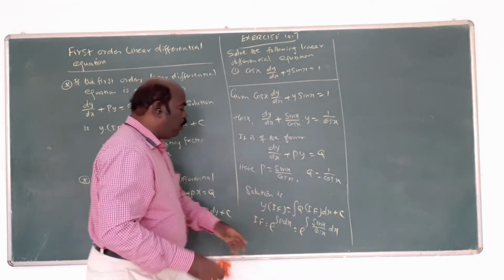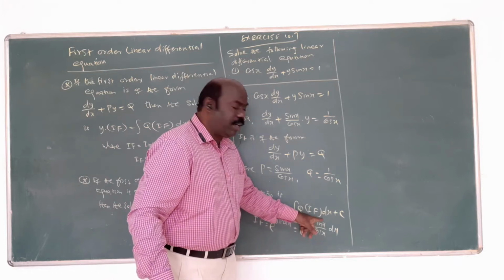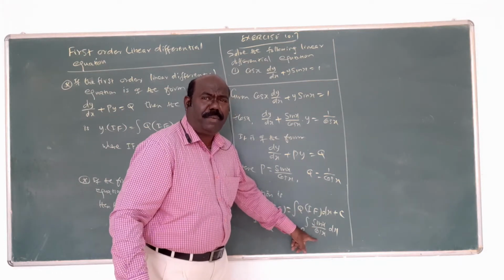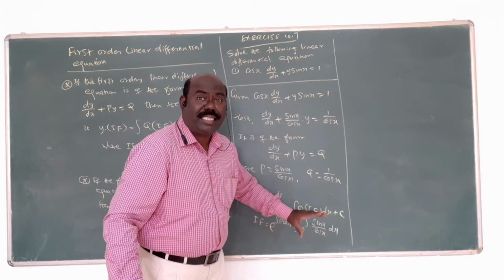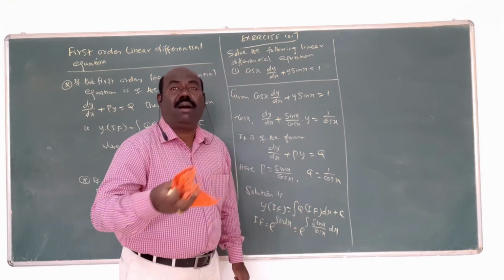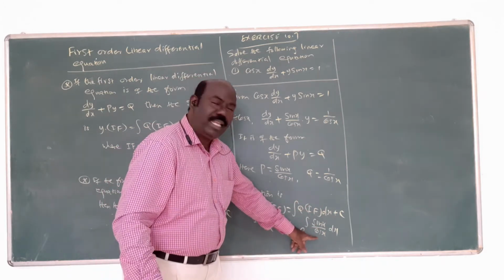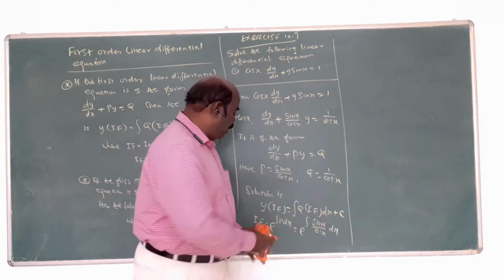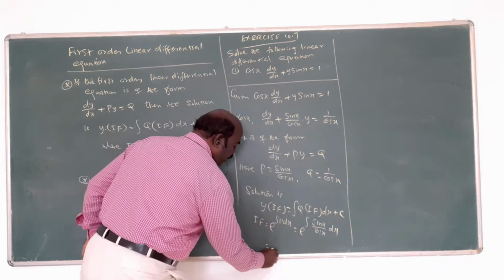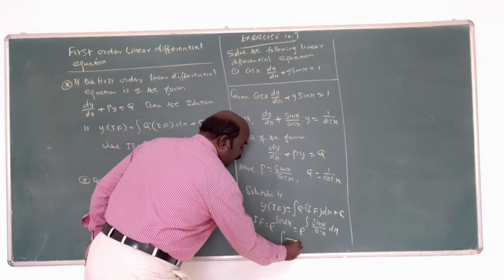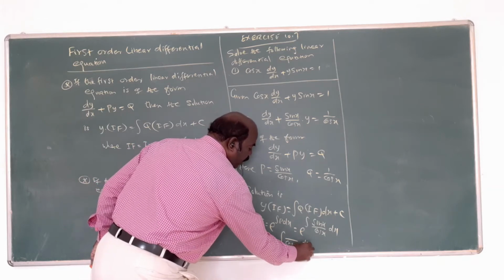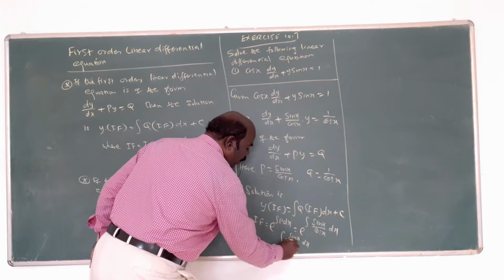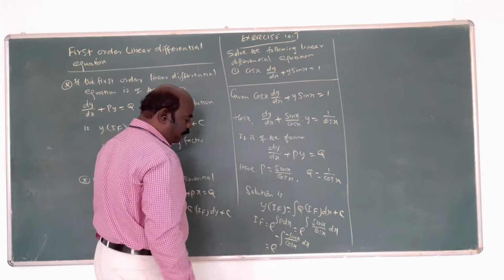Again I told you: denominator variable, numerator the differentiation of the denominator gives exactly log of the denominator. The denominator is cos x, and the differentiation of cos x is minus sin x. The numerator is only sin x, so you have to multiply by minus here.